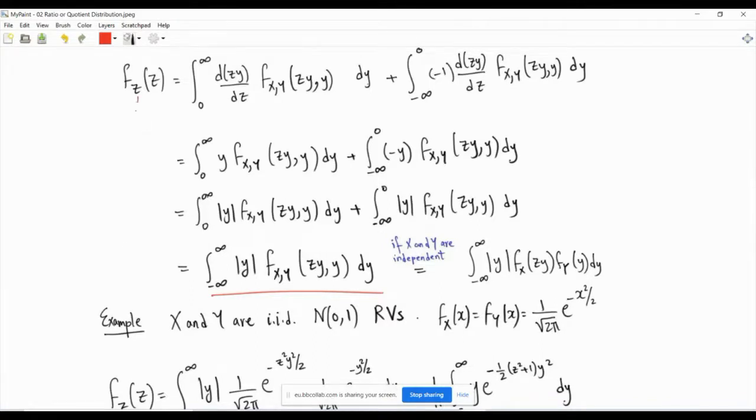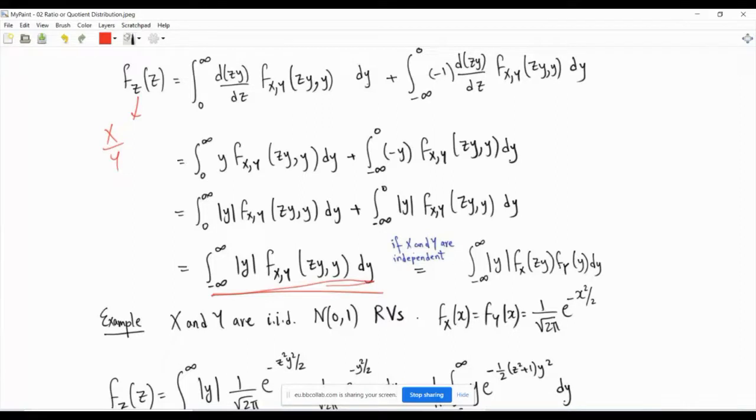You take the joint PDF, replace x by zy, keep y, multiply by the absolute value of y, and then do the integration. It's an even more complicated integral than in the case of the sum of two random variables, but it's doable. In some cases, this is the formula to use.